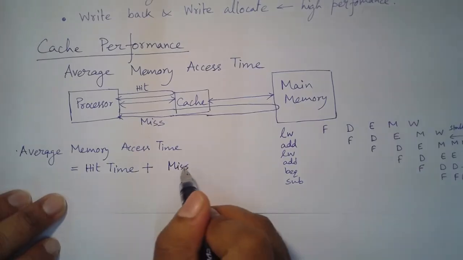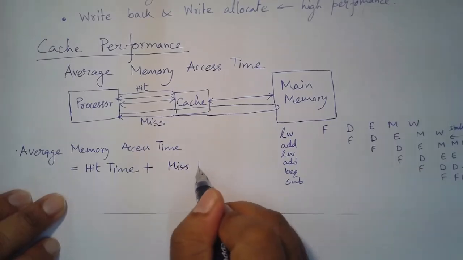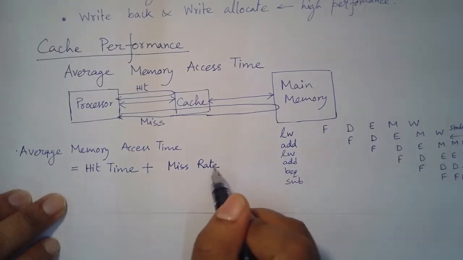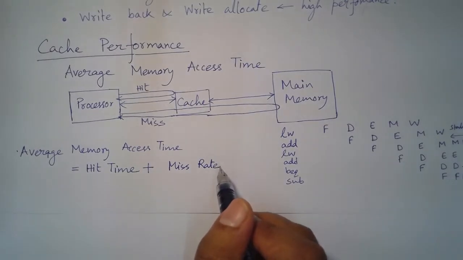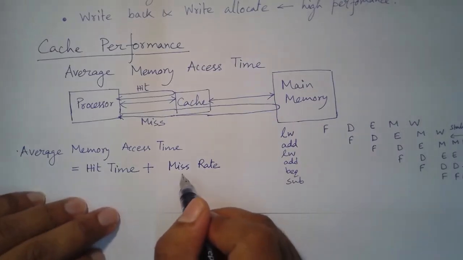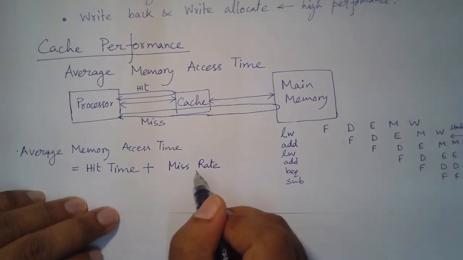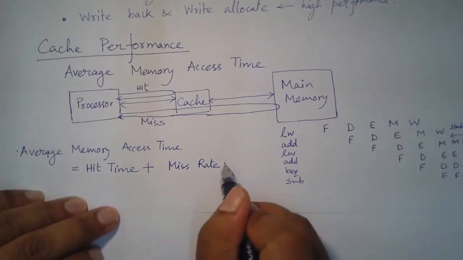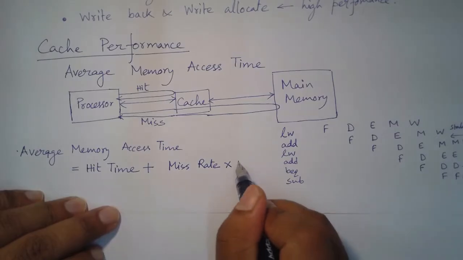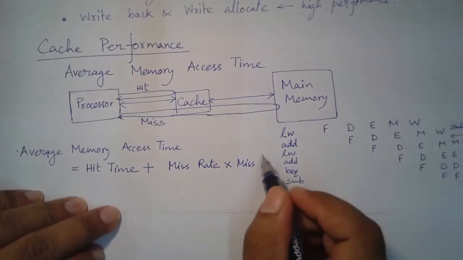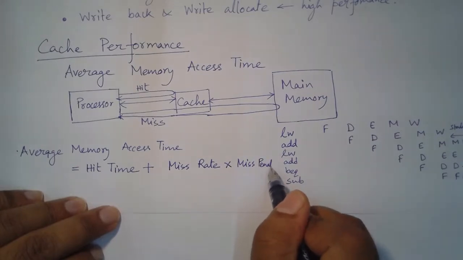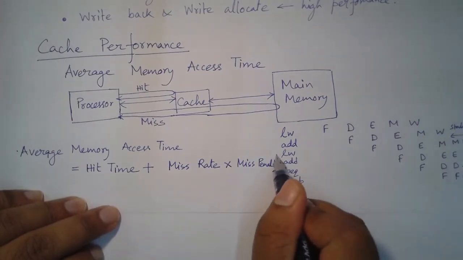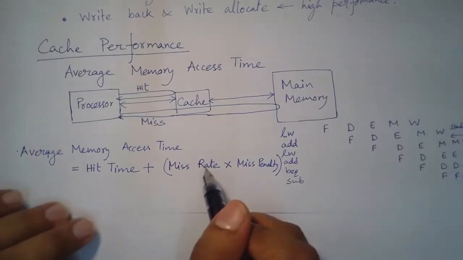If you have 100 requests, how many are misses? Let us say 10% of the requests miss. So this will be 10 divided by 100 multiplied by the miss penalty. And that will give you your average memory access time.